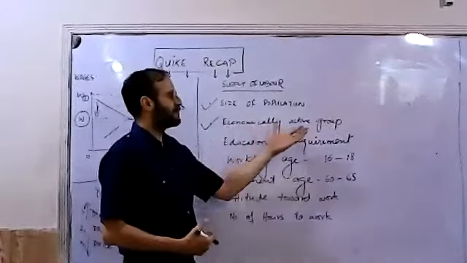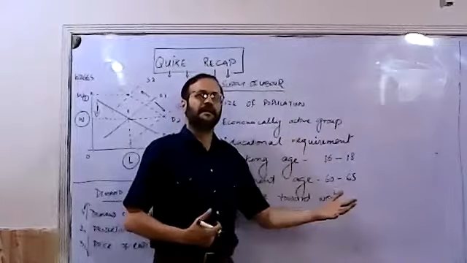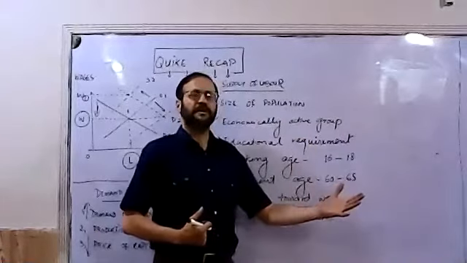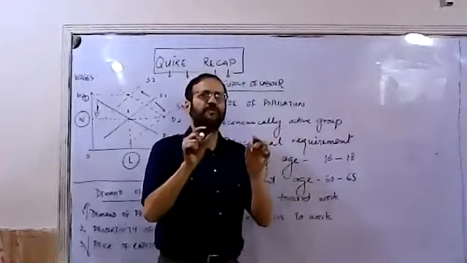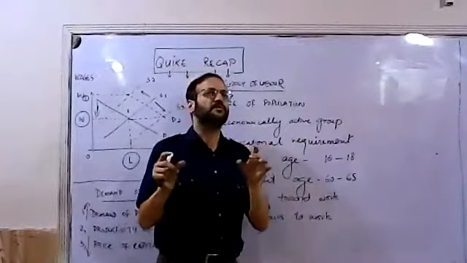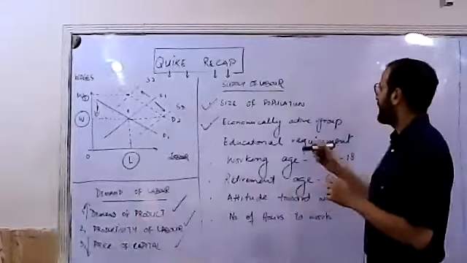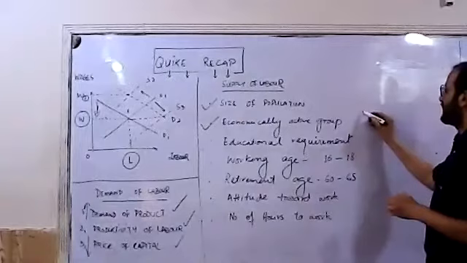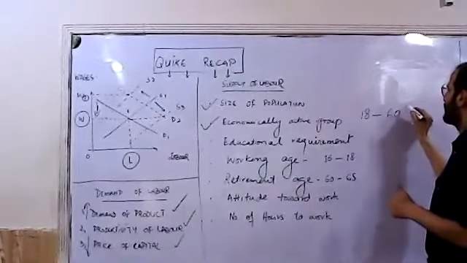And there are certain people, the other way around, who are known as the economically idle group. Some people are in the labor force, in the age group of the working force, but they do not work. For instance, if I talk about the active group, we assume the age group is, let's say, from 18 to 60 in Pakistan.